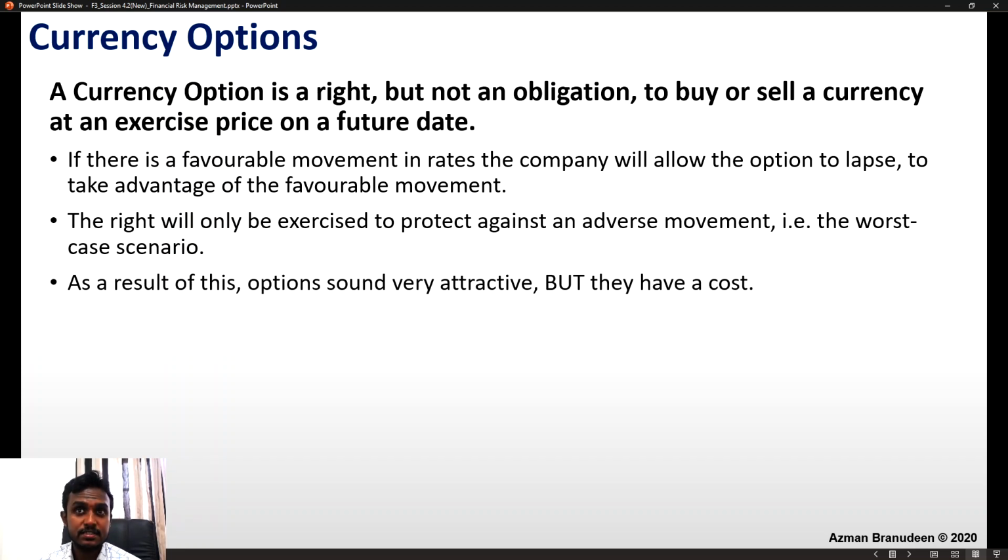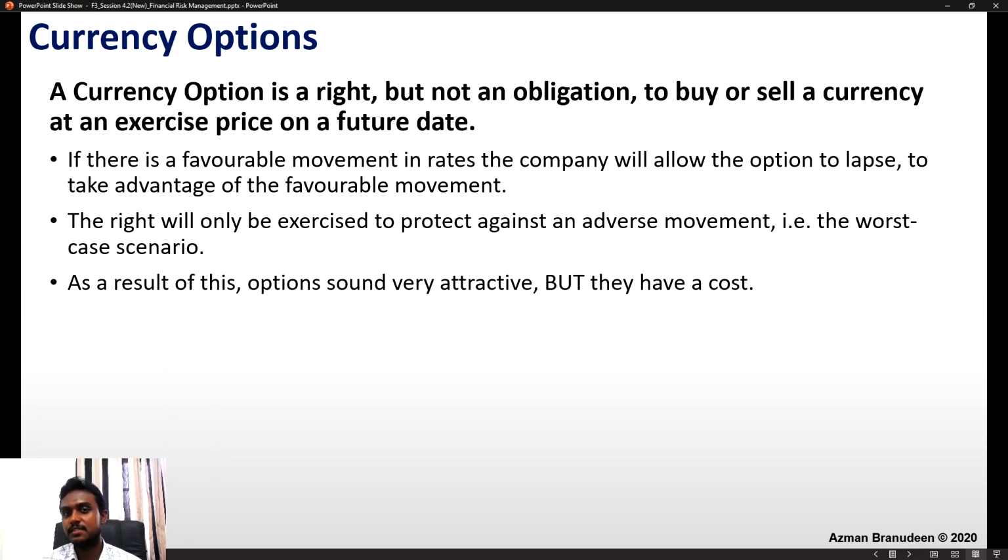As a result of this, options sound very attractive, but they have a cost. So the premium is also going to be a little high because it's an option. If things go well for you, you're going to make a buck on that. But if things go bad for you, then you can stop yourself.